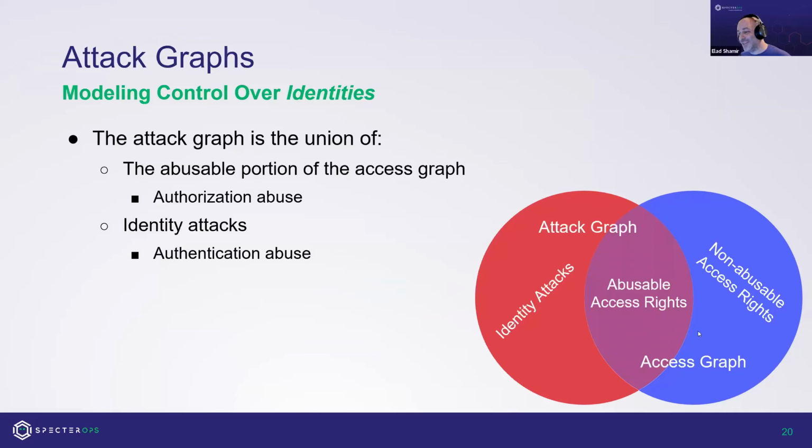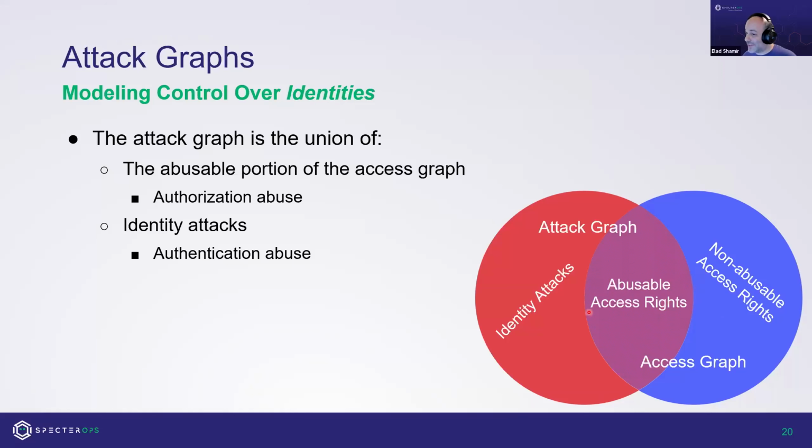The access graph represents all the abusable and non-abusable access rights. And the attack graph represents those identity attacks that abuse the authentication side of the equation and the abusable access rights. So there's some overlap between the two graphs, but they're not quite the same, and none of them provides you with all the information that the other does.